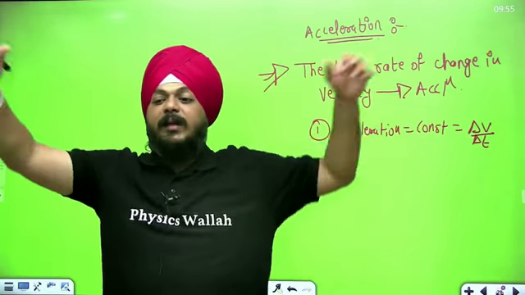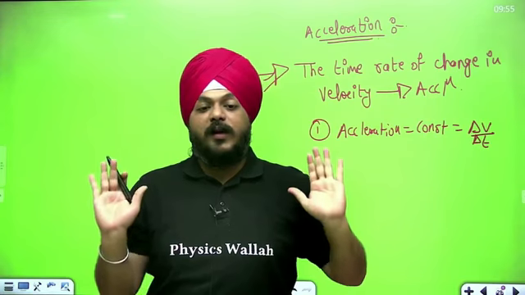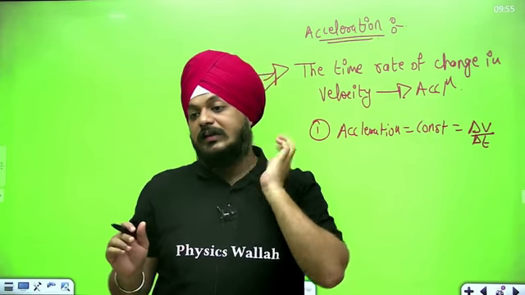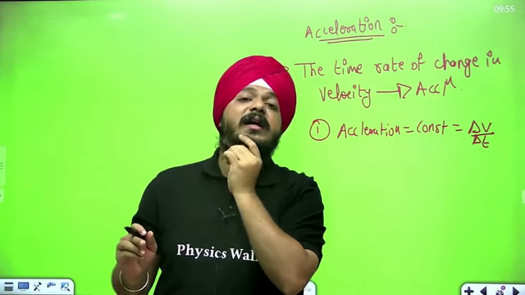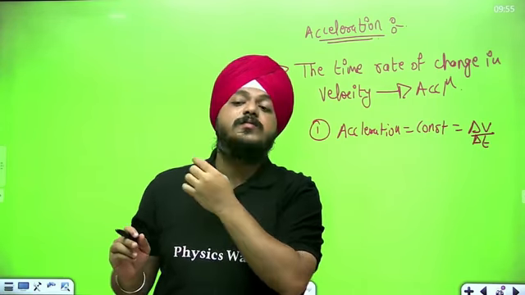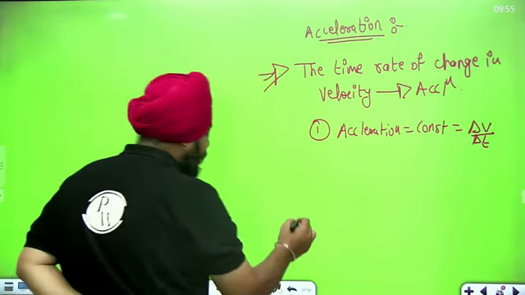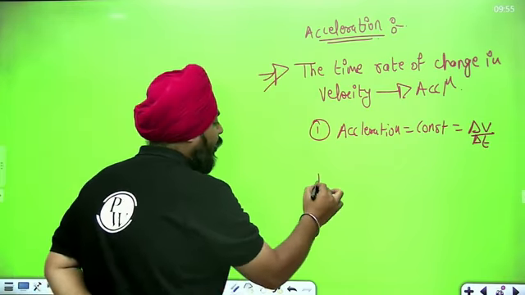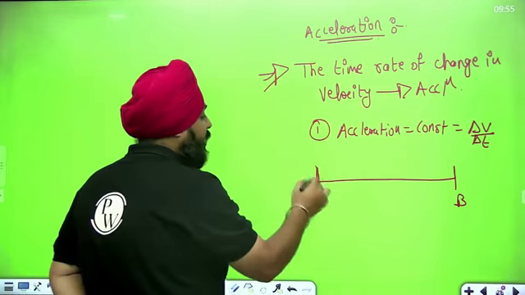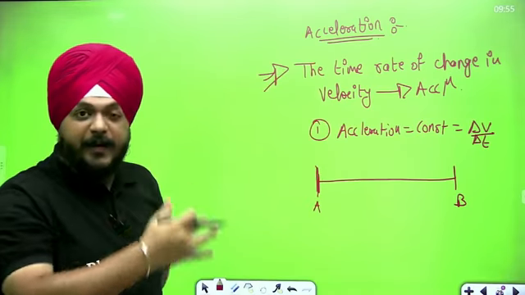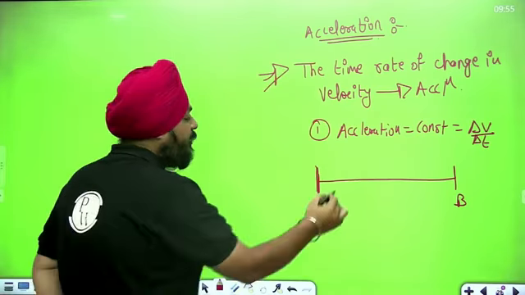We have seen the example. Suppose the object is starting its motion at t is equal to 0, from point A, and it reaches point B. In the first time interval the velocity is v1.